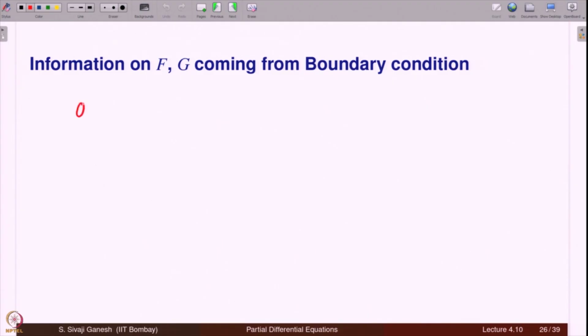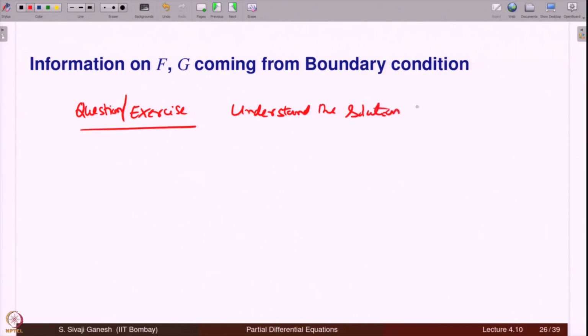Now, a small question which is an exercise. Understand the solution in region 2 that we obtained in terms of reflections.